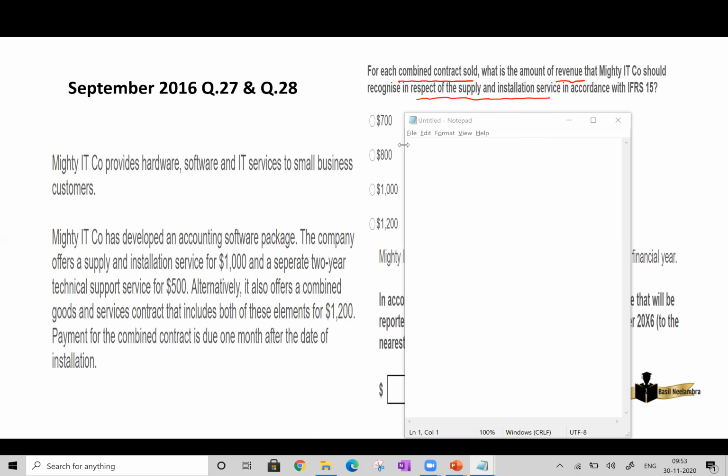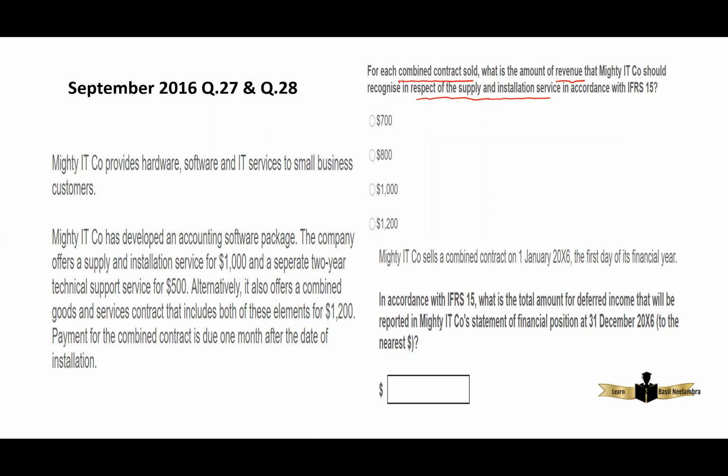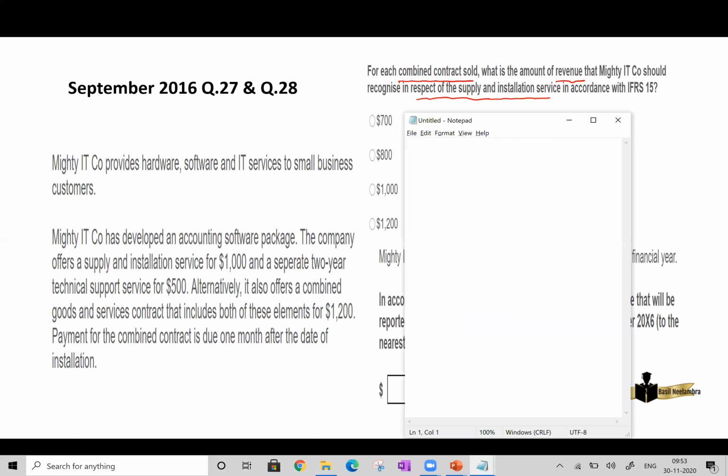So there are two types of revenue that this particular company receives. One, the company offers a supply and installation service. What's the price of that service separately, individually? $1,000.